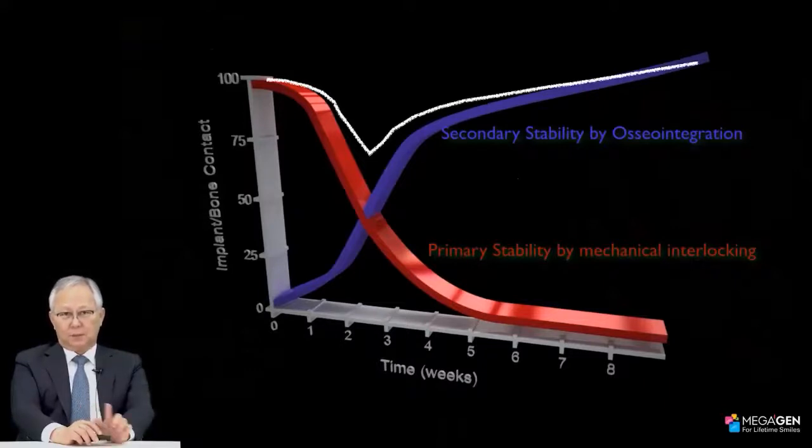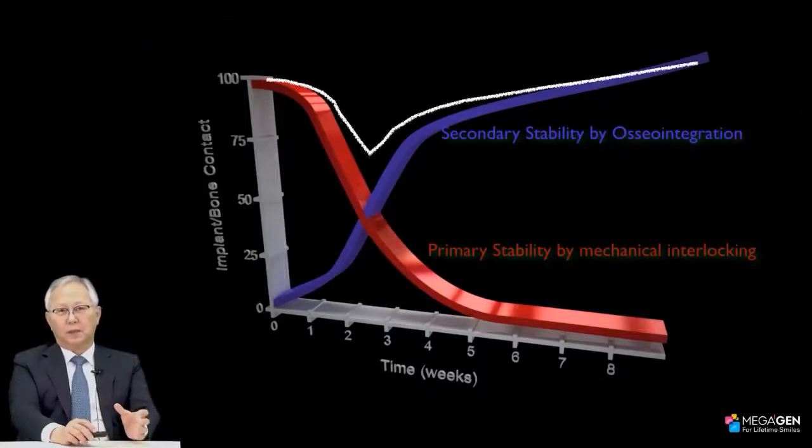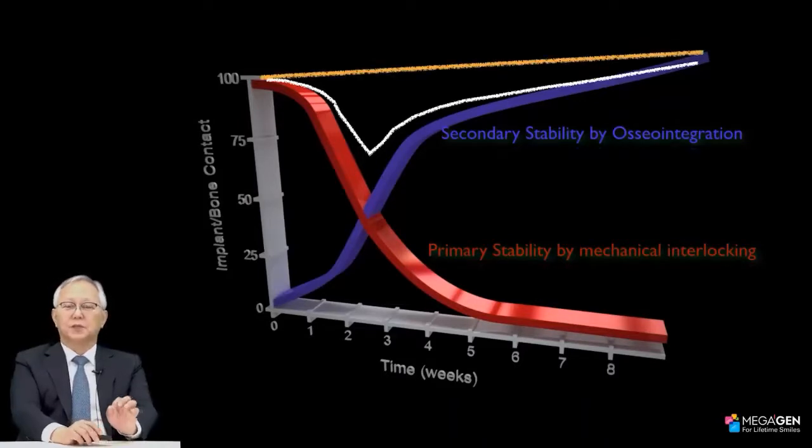But because of this unique thread design and the core and thread concepts, AnyRidge always shows very good initial stability and then no drop down after implant placement. So in many cases, you can do very early loading. Also, in many cases, you can do immediate loading.